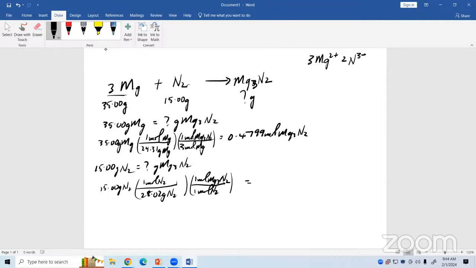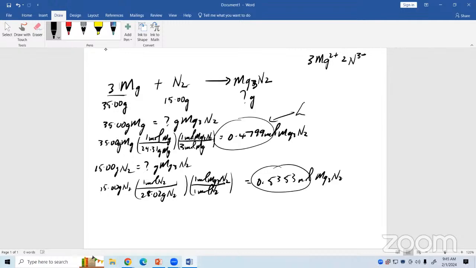So 15 divided by 28.02. According to my calculation, this works out to be equal to 0.5353 moles of Mg3N2.